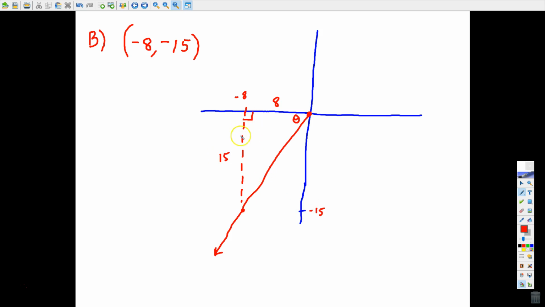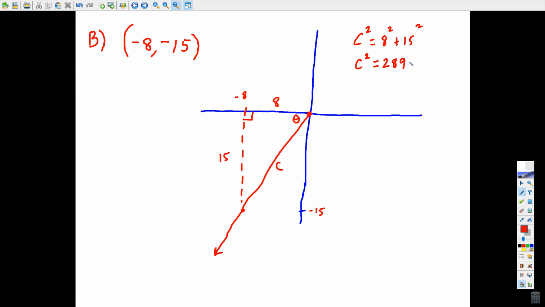Once again, I don't know what the hypotenuse is, so let's use the Pythagorean theorem. C squared equals 8 squared plus 15 squared. Grab our calculator. You get C squared equals 289.